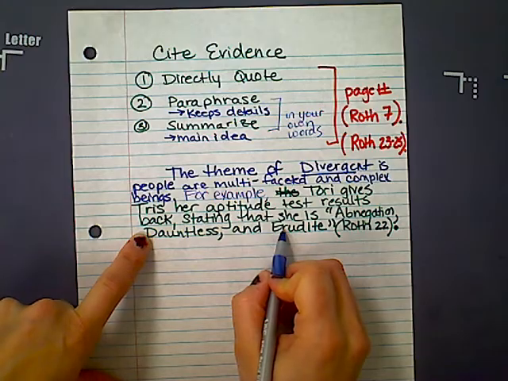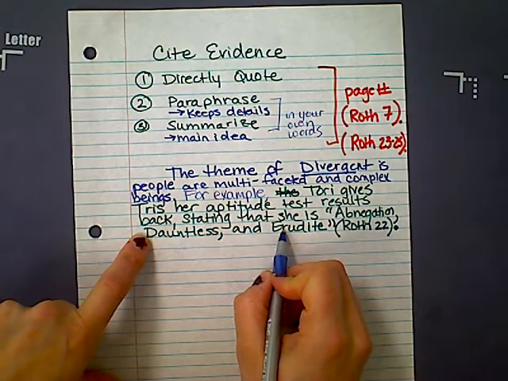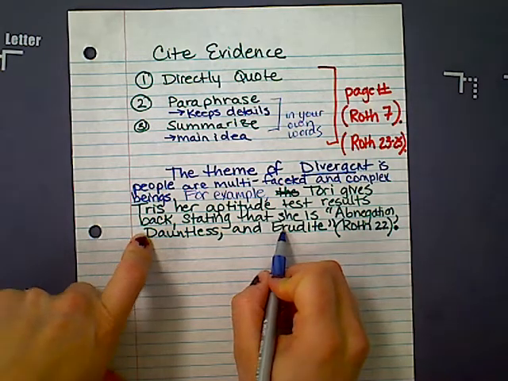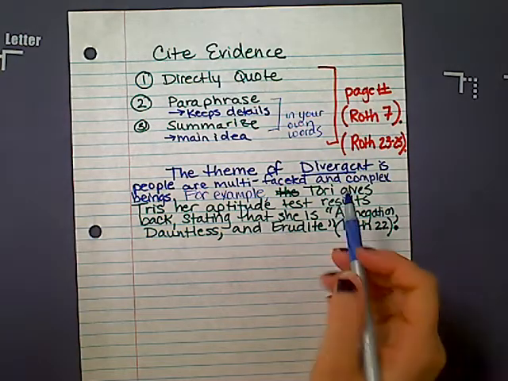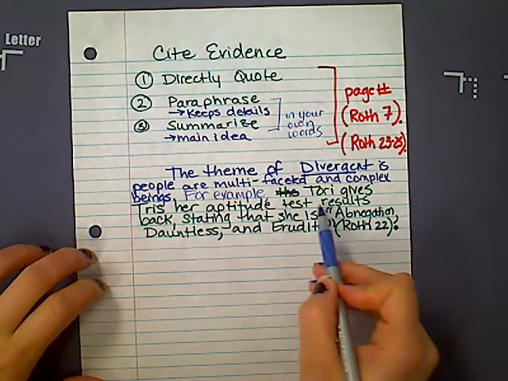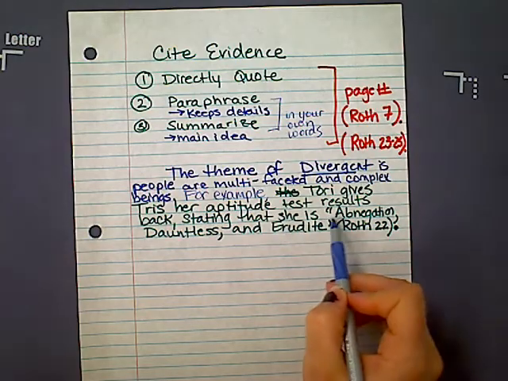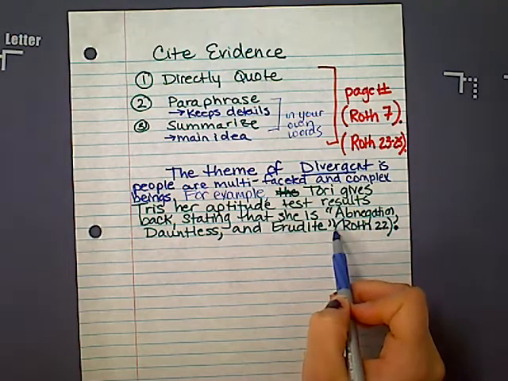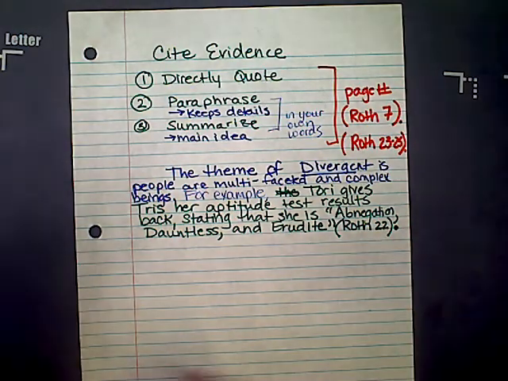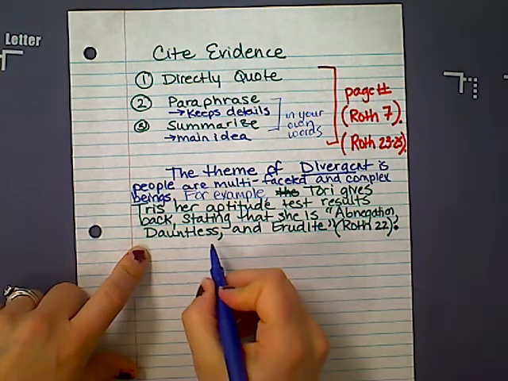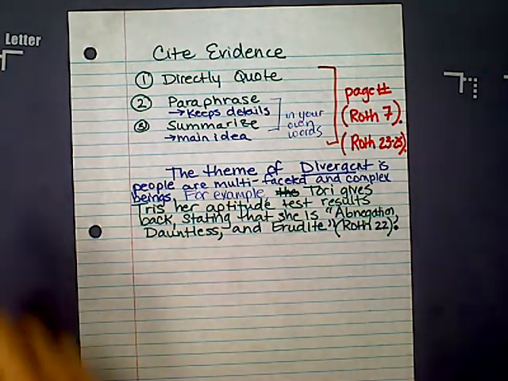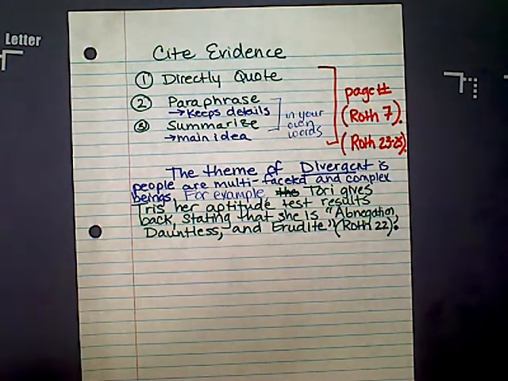If you're not scoring well on citing evidence, one big reason is probably your explanation. So I have Tori gives Tris her aptitude test results back, stating that she is abnegation, dauntless, and erudite. So I did a direct quote. Now I'm going to try to explain how this supports.